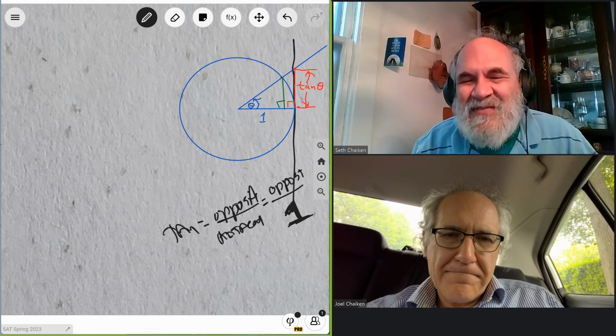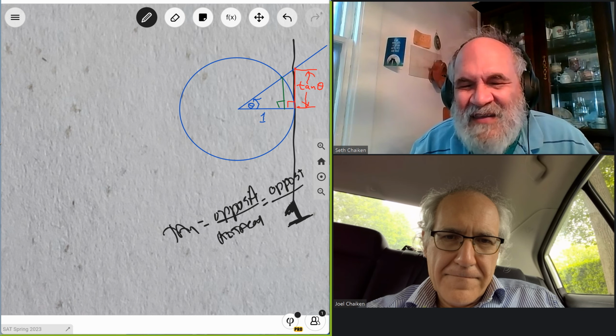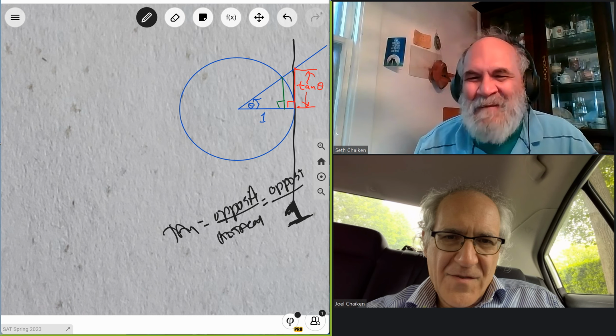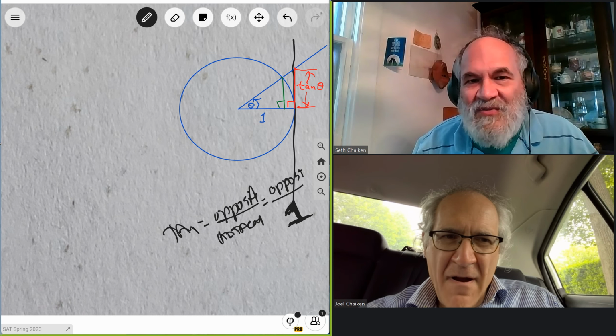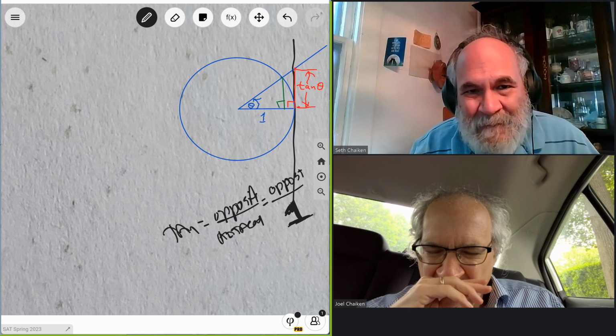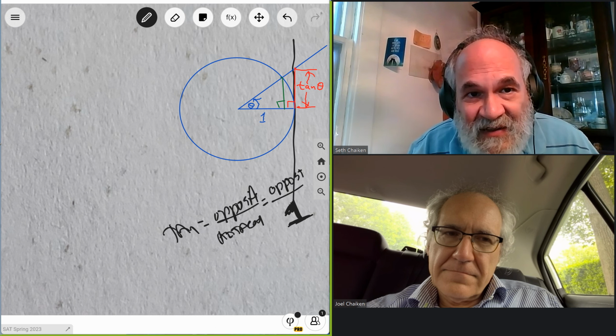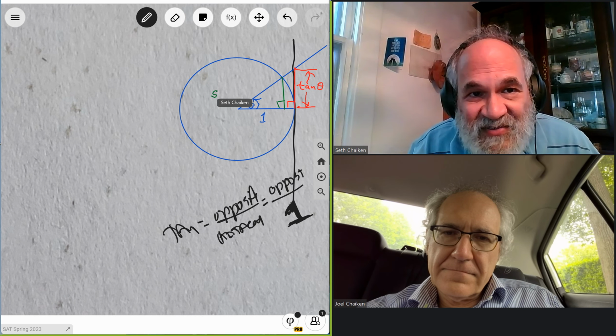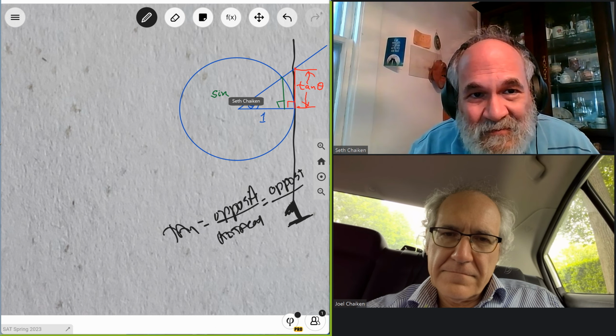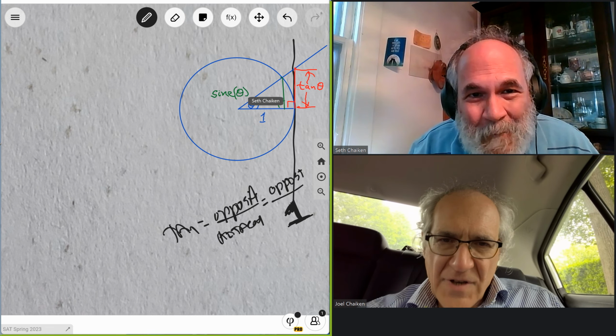But the green line is not a tangent. No, it's not. The length of that green line is the sine of the angle.